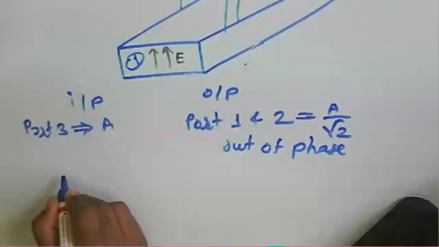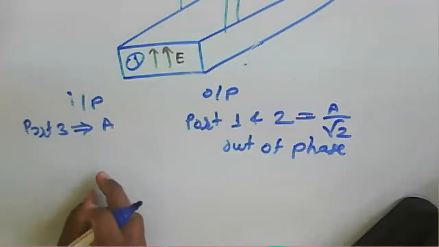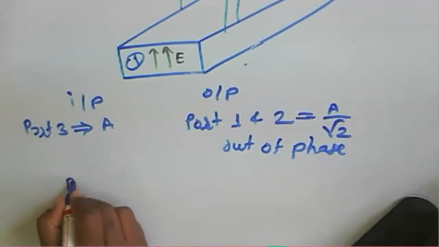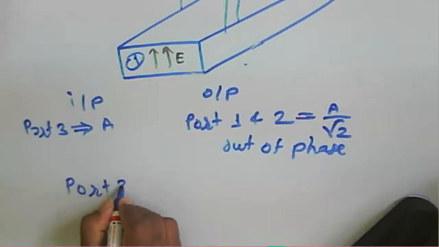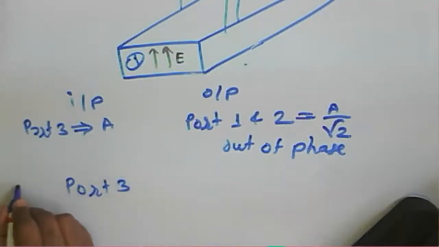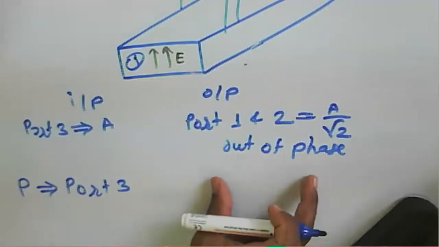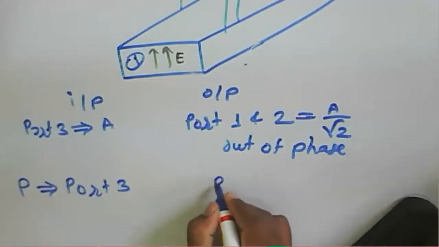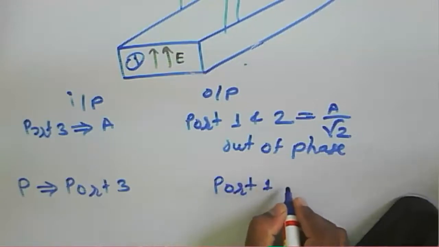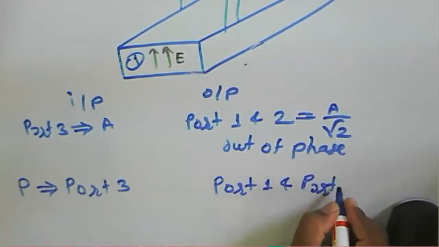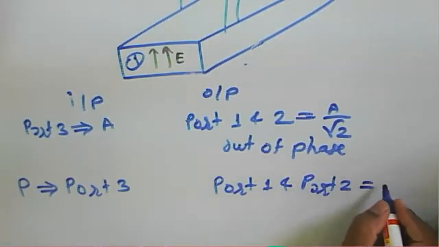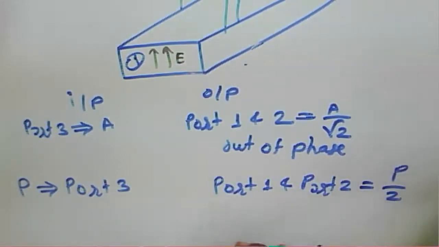Now, suppose the input power incident at port 3 is P. Then the power that appears at port 1 and port 2 will be P by 2 each.